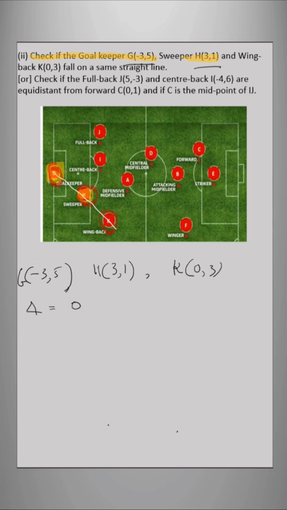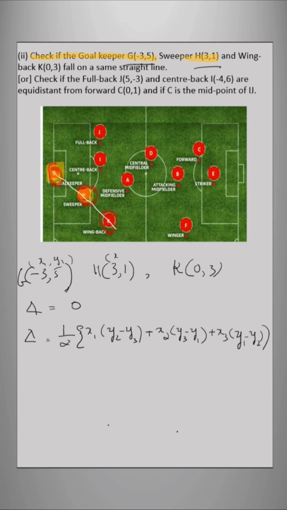Area of the triangle is equal to half into x1 into (y2 minus y3) plus x2 into (y3 minus y1) plus x3 into (y1 minus y2). Here let this be x1, y1, this be x2, y2, this be x3, y3.